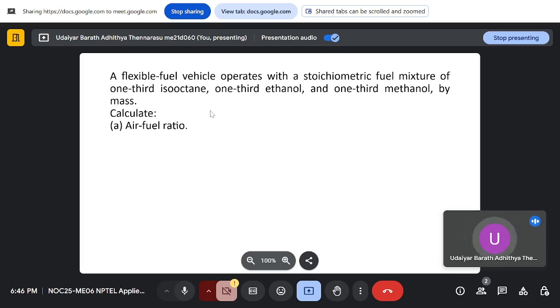So we have a 1/3 mass fraction of isooctane, 1/3 of ethanol, and 1/3 of methanol, which is mixed together and used as fuel for a vehicle, burning as a stoichiometric fuel mixture. For this we need to find out the air fuel ratio.